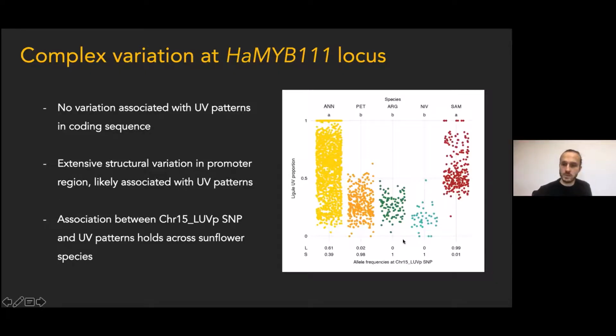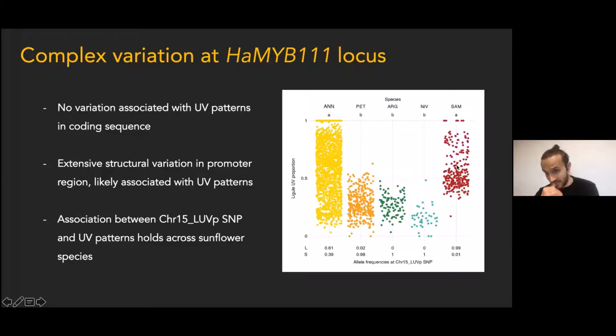So you see here in this plot for wild Helianthus annuus, the large and small alleles for this SNP segregate at high frequency, and so you have this spread of values for petal UV patterns. In petiolaris, argophyllus, and niveus, which are species of wild sunflower, instead, the small allele is completely or almost completely fixed, and consistent with that, you have smaller floral UV patterns.